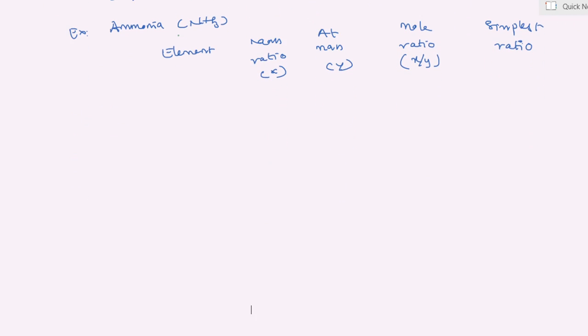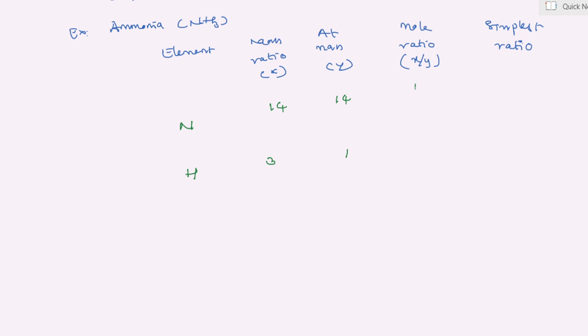Which elements are taken here? In ammonia, two elements are present. First one is nitrogen and second one is hydrogen. Mass ratio for nitrogen is 14, hydrogen is 3 because of H3; N is 1, H is 3. Atomic mass of nitrogen is 14, atomic mass of hydrogen is 1.